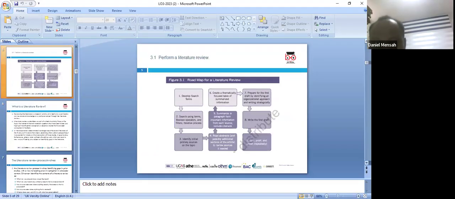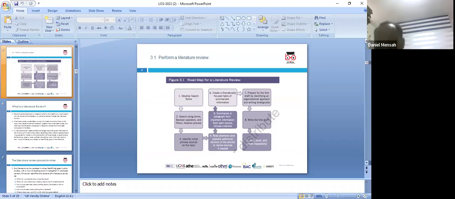Okay, so what will be the roadmap for literature review? You need to develop search terms. Okay, what kind of search terms? And then you search your terms using Boolean operators and filters, and then come out with literature processes. Then you need to identify your initial primary sources on the topic. What kind of sources are we relying on?